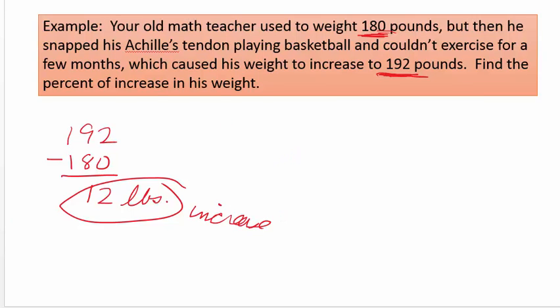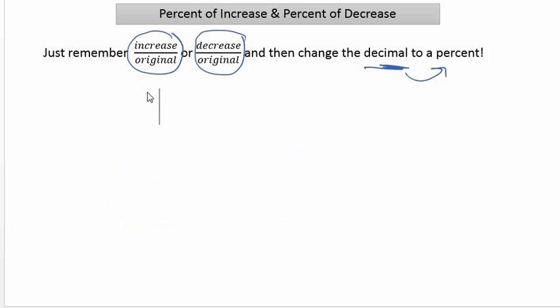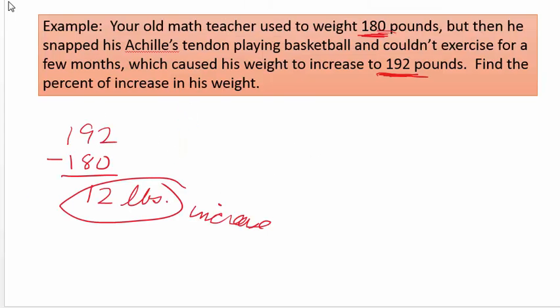If you remember right, we need to do increase over the original. So we're going to take the increase over the original, and then change it to a decimal. So I'm going to put 12 over the original weight, which was 180.